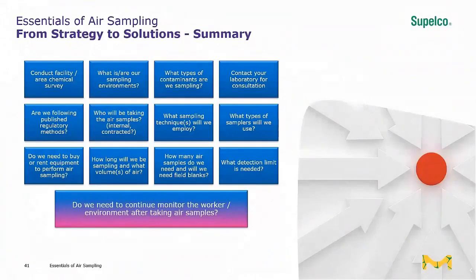And the next question that you may ask yourself is, after you have developed your strategy and done your air sampling plan, would there be a need to continue to monitor the area or the worker after taking the air samples? Was the issue resolved if there was a change or a problem?